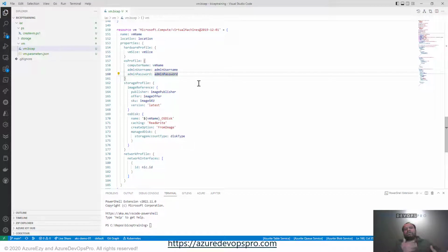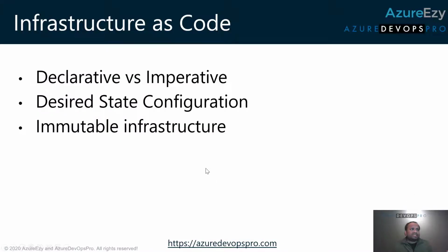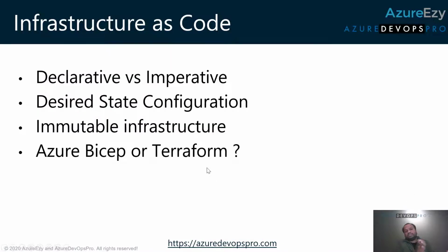That's how immutable infrastructure comes into picture, that you don't change the infrastructure. Instead, you always make changes in your code, and then that code is deployed again. Of course, CI and CD come into picture further. We are going to discuss CI and CD in upcoming sessions, but for the time being, that's what immutable infrastructure is.